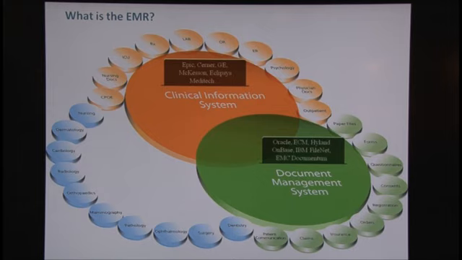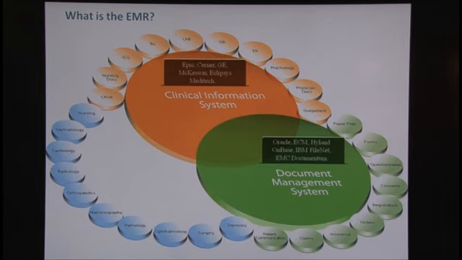It does not necessarily have an enterprise system on the level of the clinical information system or document management system. So the electronic medical record is really, at this point, a combination of the clinical system and the document management system, and maybe they might have one of these individual departmental systems integrated into the EMR, if you will.